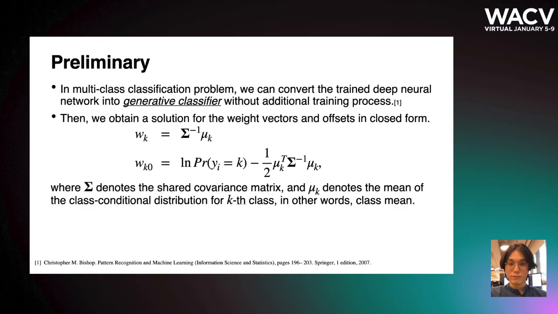For more details, please see the reference. However, when we train a deep neural network, we do not calculate them. We just parameterize and train the weight vectors and offsets. So we consider that the trained values of vectors and offsets represent the closed form solution.